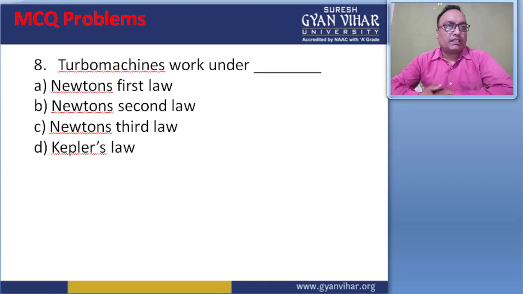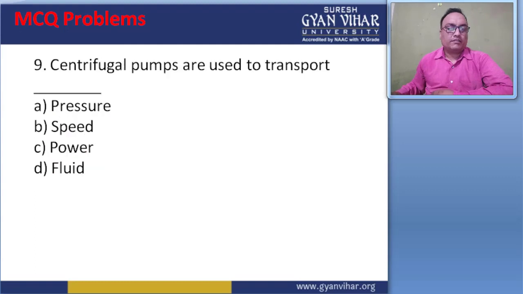A turbo machine works under Newton's first law, Newton's second law, Newton's third law, or Kepler's law. Newton's second law is the right answer for this question. Then move to question number 9: centrifugal pumps are used to transport the fluid, right?